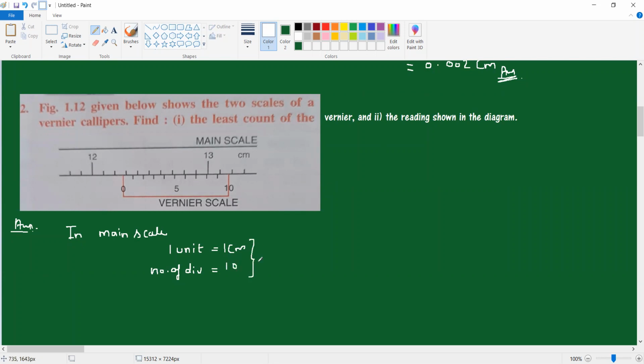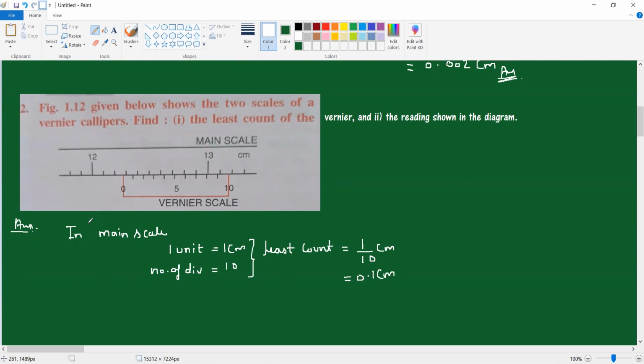So what is the least count? Unit upon number of divisions. 1 upon 10, 0.1 centimeter.